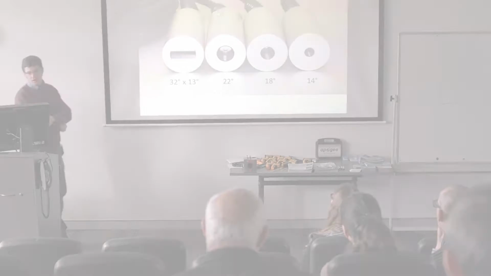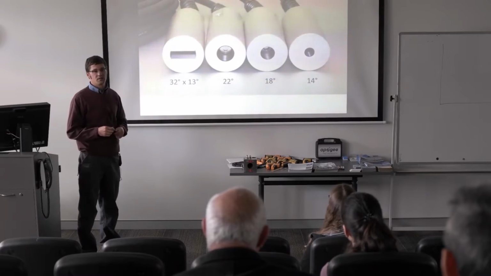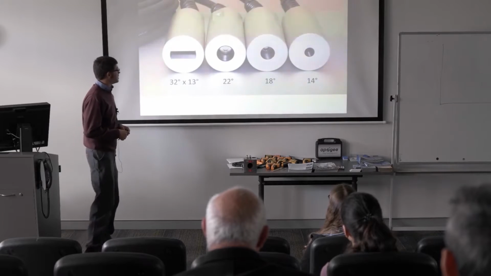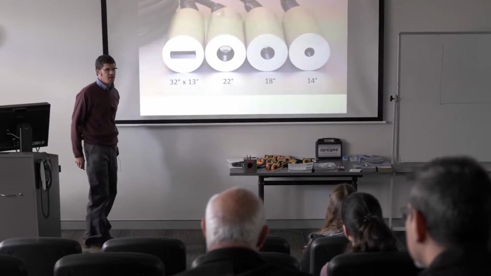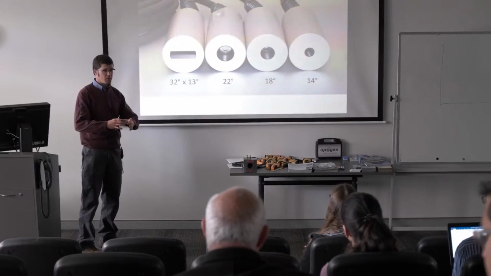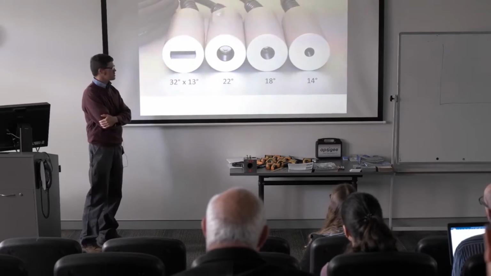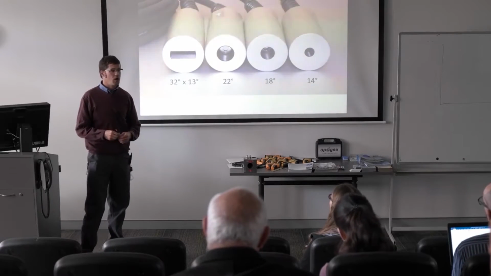So here are the different field of view options of infrared sensors that Apogee builds, and other companies that make infrared radiometers are likely to have different fields of view. There are three of them that have a circular field of view, just different angles that make the footprint either a little bit smaller or a little bit larger. And then this one has a horizontal field of view. This one's actually designed to look at row crops.